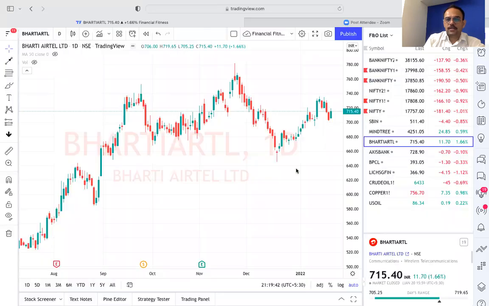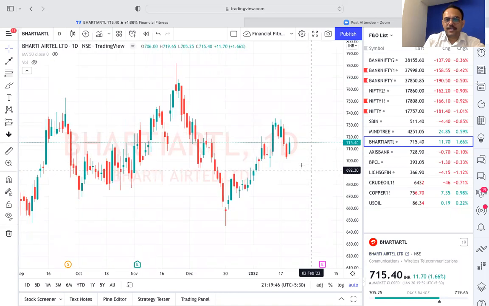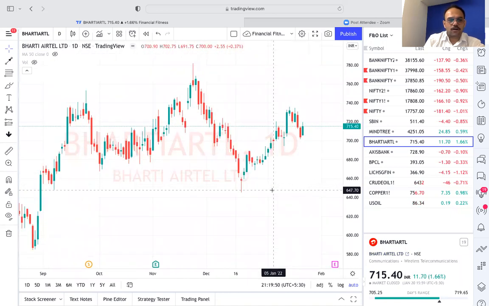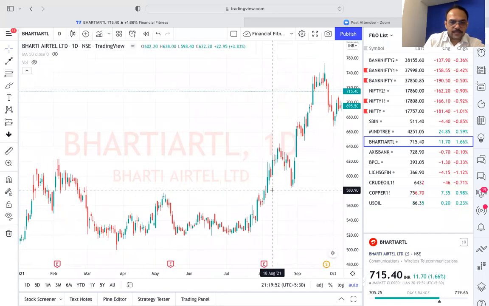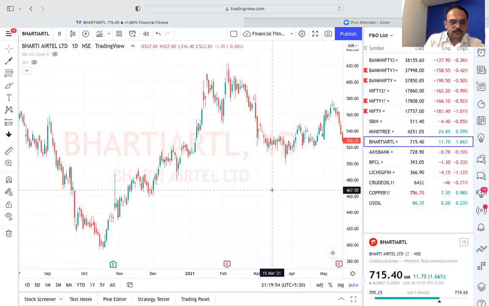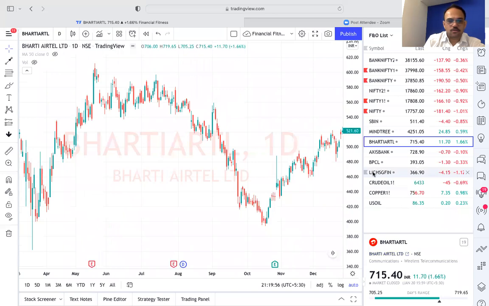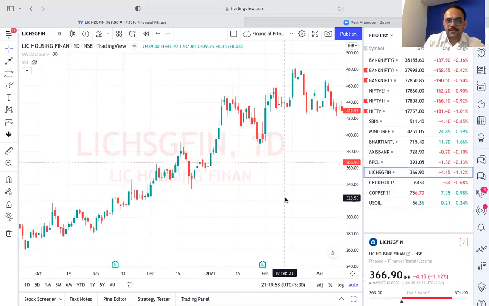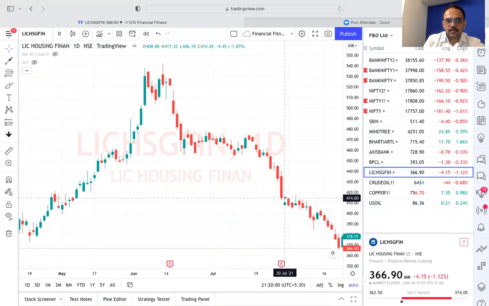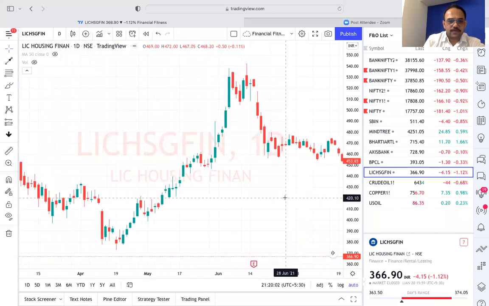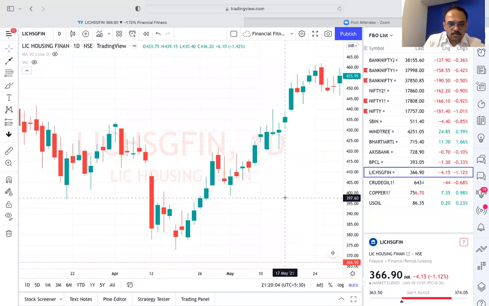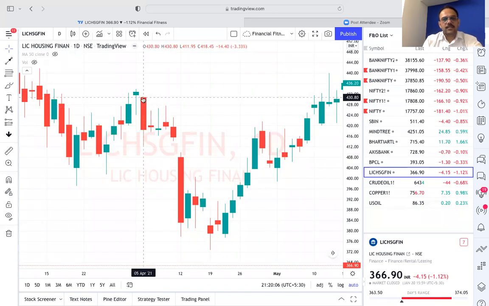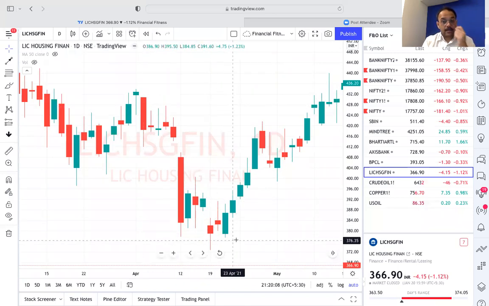Okay, so let's see bullish engulfing. See here, Bharti Airtel today also formed a piercing pattern. We have to see whether it will go up or not tomorrow. Now bullish engulfing. I saw good examples in LIC. There's a downtrend, then it will stop at a particular level.